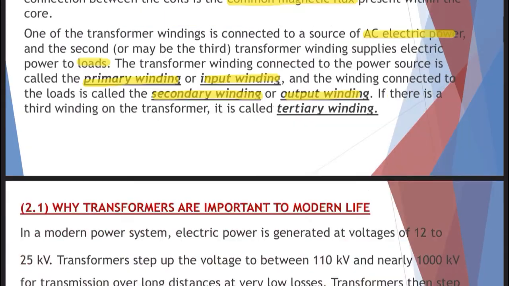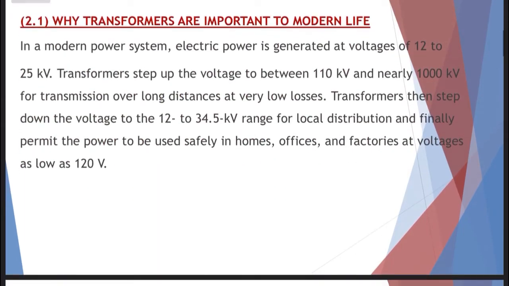Okay, we'll move to the next slide. Section 2.1. Why transformers are important to modern life. In a modern power system, electrical power is generated at voltages of 12 to 25 kilovolts, which is high voltage.